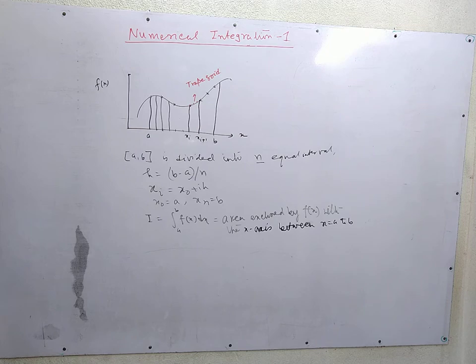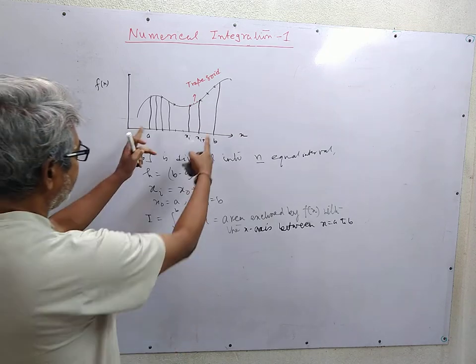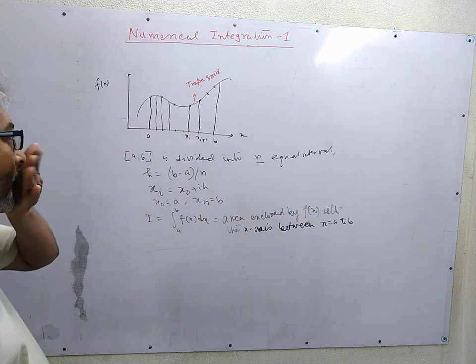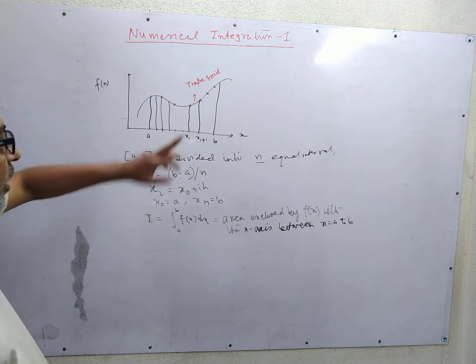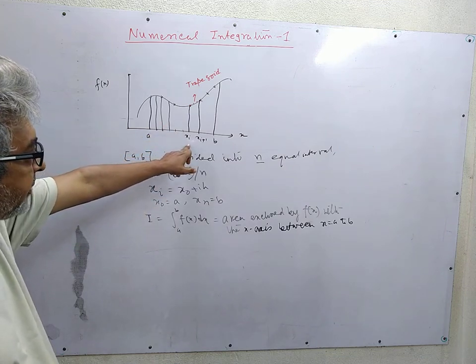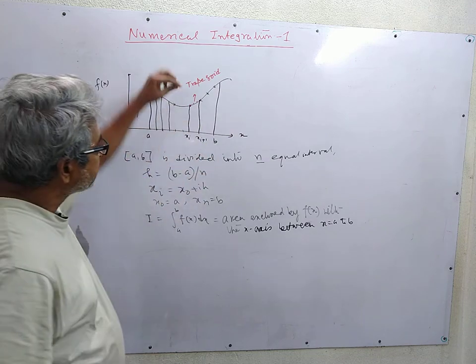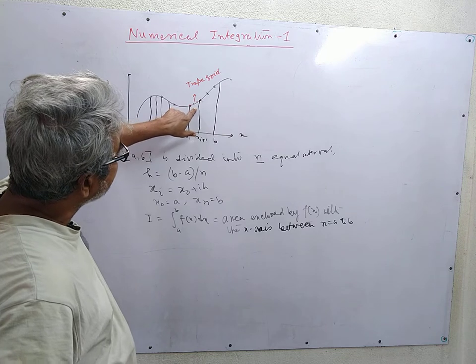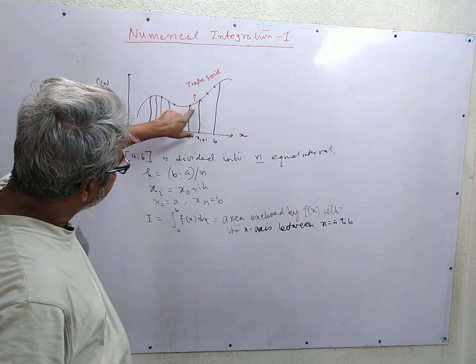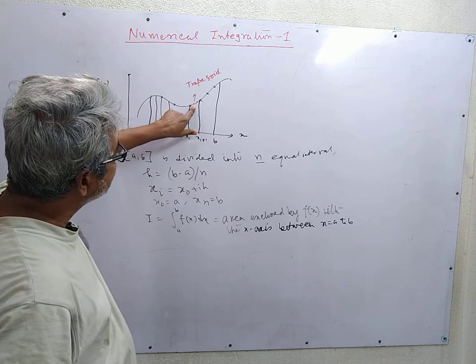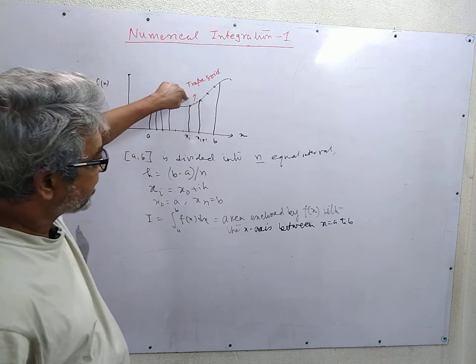So let me remind you once again, we divide the entire interval into n equal strips, each of width h, such that xi is this, and between two consecutive x values, the curve may be different, but in the first approximation, we replace the actual curve by a straight line.